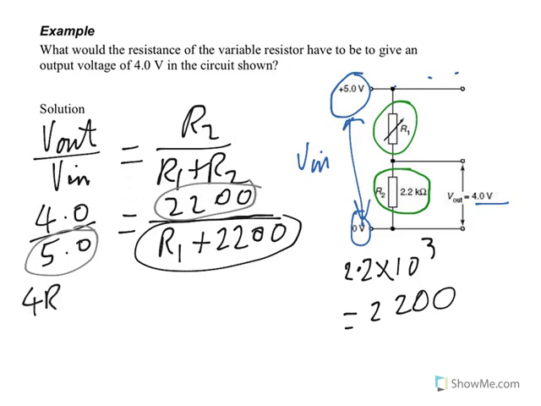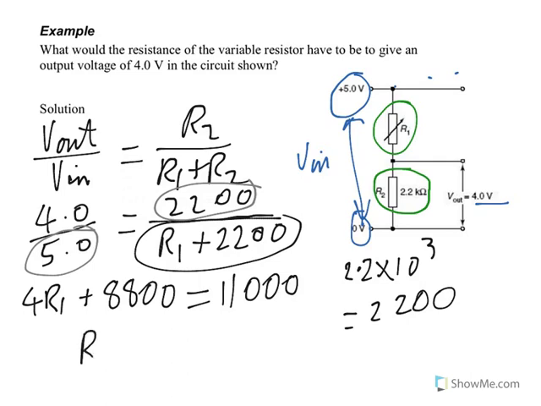You get 4R1 plus 8,800 equals 5 times 2,200, which is 11,000. Take 8,800, then divide by 4, and you find that you need to set a R1 resistor at 550 ohms.